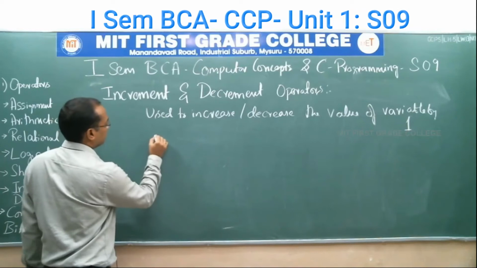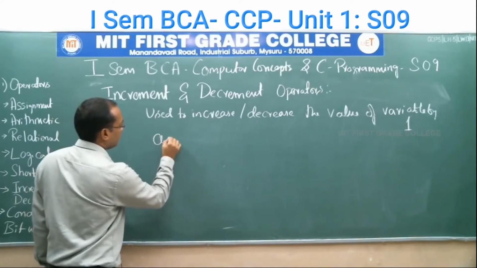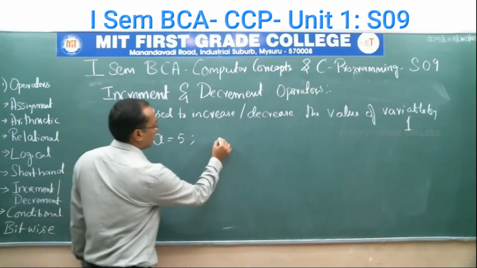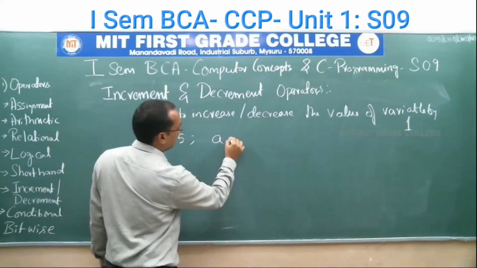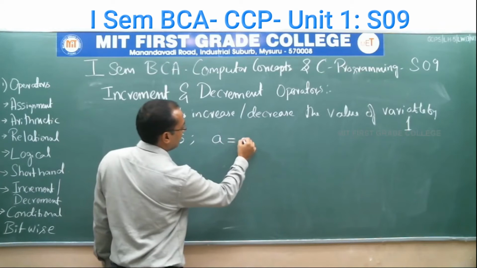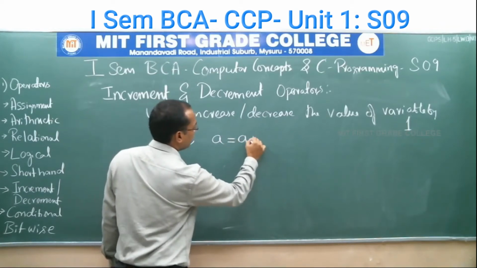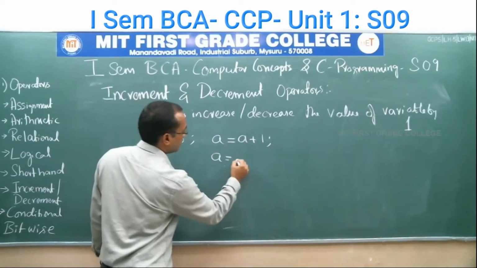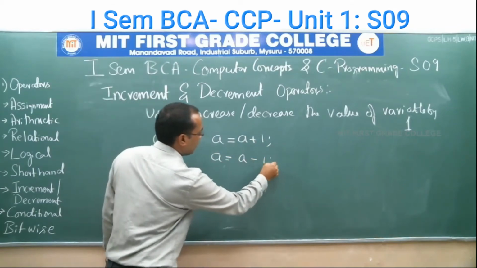What does it mean? Suppose I take a variable A and assign it 5. If I want to increment by 1, I have to write the statement as A is equal to A plus 1. If I want to decrement, I have to say A is equal to A minus 1.